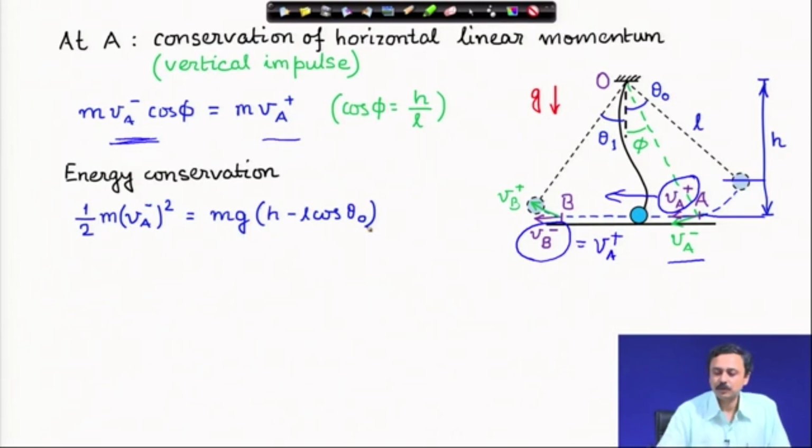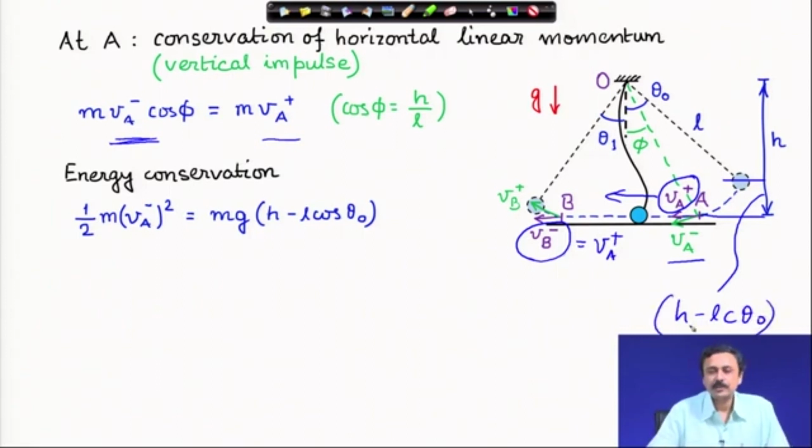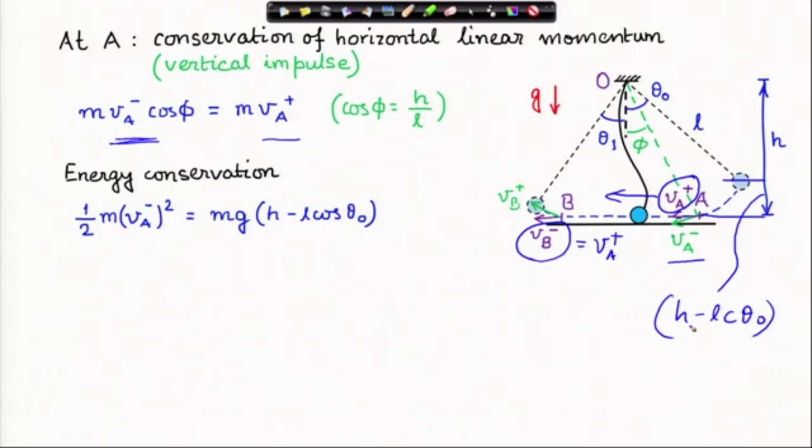This is straightforward geometry which you can calculate. Here I have marked this distance is h minus L cosine theta naught. Therefore, mg times h minus L cos theta naught is the potential energy with which it started off, with 0 kinetic energy, and that is converted to kinetic energy and 0 potential energy. So, kinetic energy I can find out, therefore, V a minus I can find out.